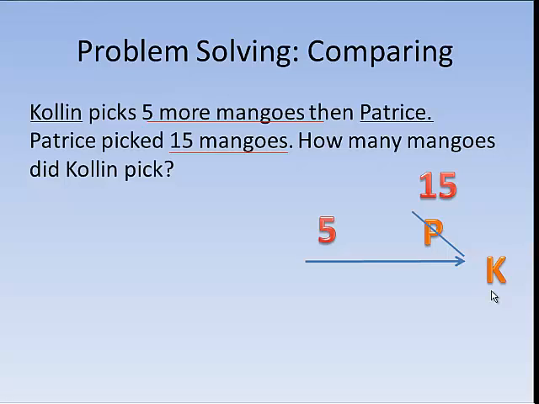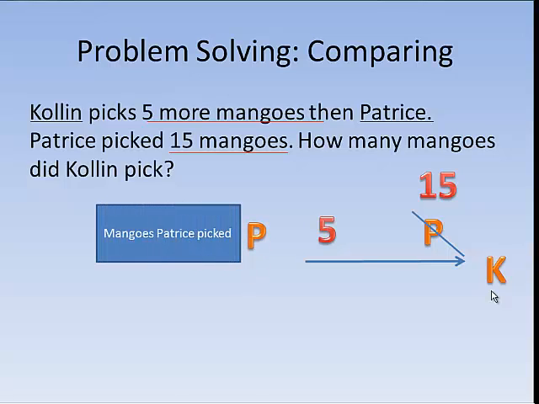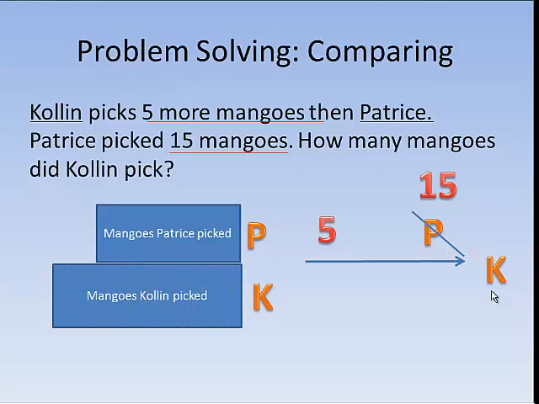I'll show you another way to represent this. So we have to think about our variables. Our first variable is P, which represents the mangoes Patrice picked, and K, the mangoes Colin picked. We already know that Patrice picked 15 mangoes. So this whole box that represents P is 15 mangoes.